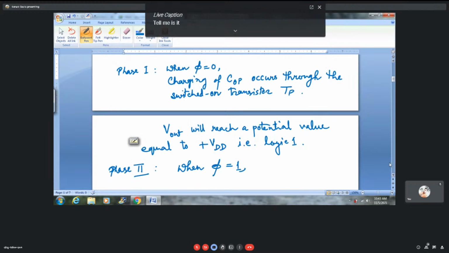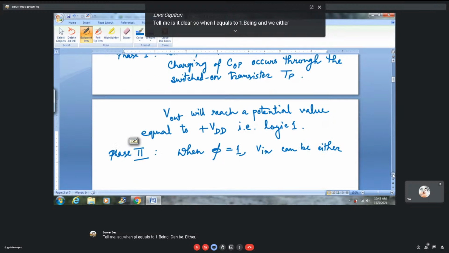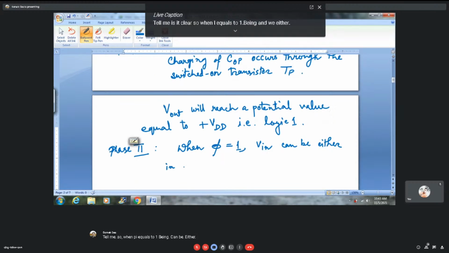So when phi equals 1, Vin can be either in logic 0 or in logic 1.